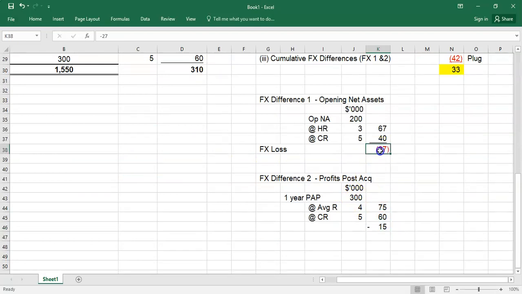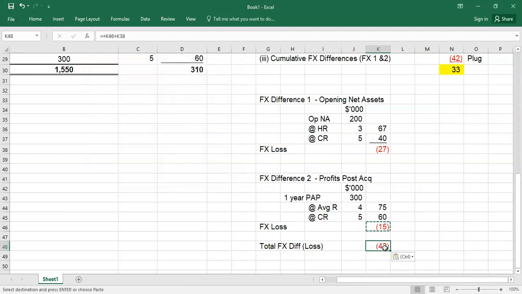And that loss is going to be 15. So that is FX difference 2, which is a loss. So the total FX difference, which is a loss in this case, is your minus 15 minus your 27, which matches with the plug figure that you've done.